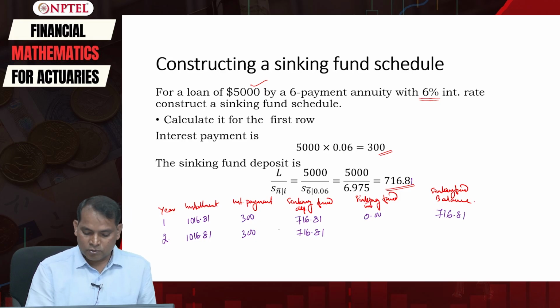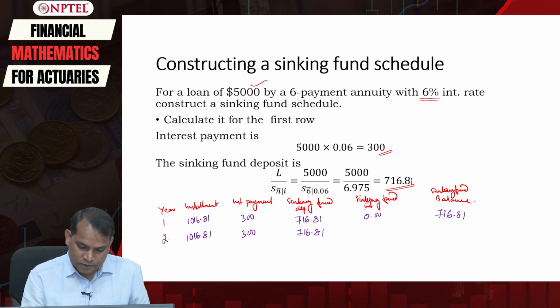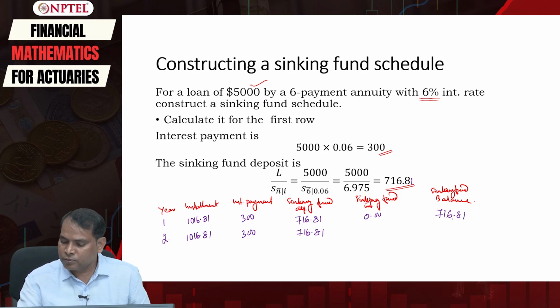We are now seeing that these two will yield the same loan installment amount. Now here, in the second year, the sinking fund generates interest at 6% of this amount, right, 6% of 716.81.